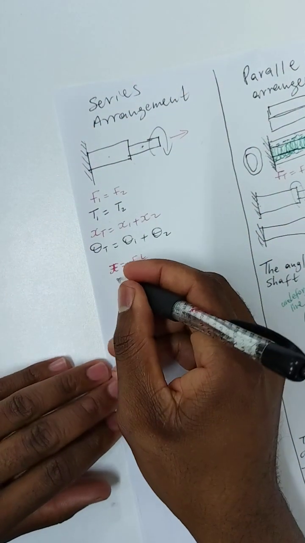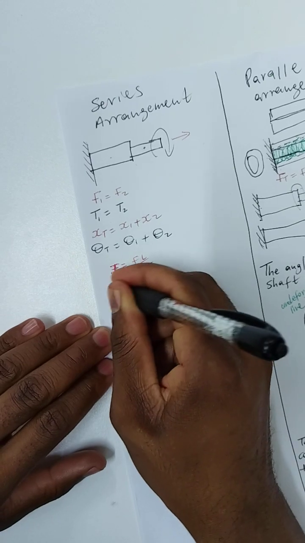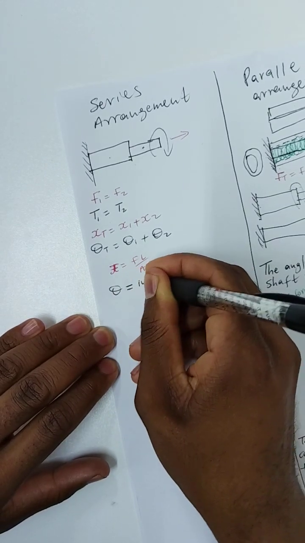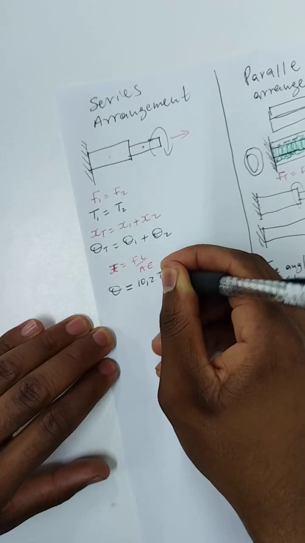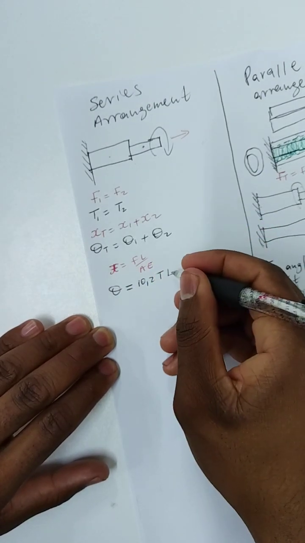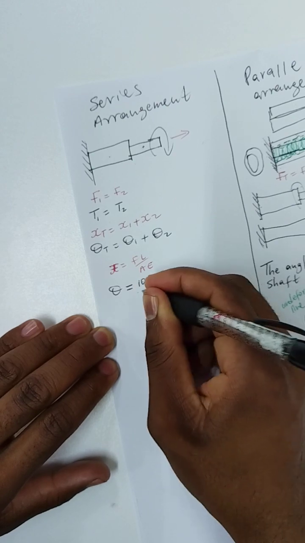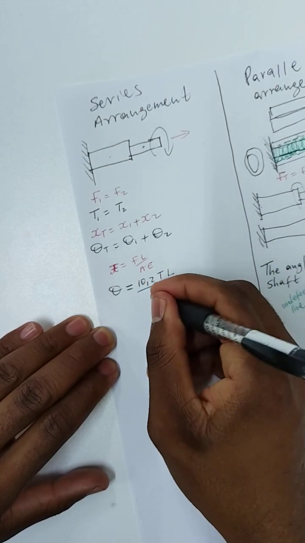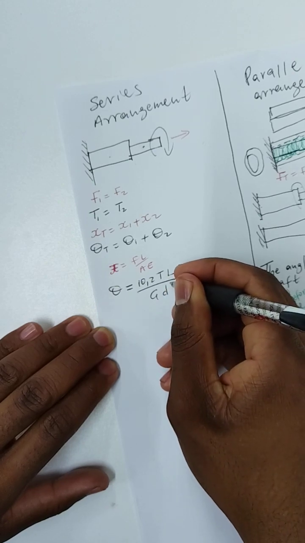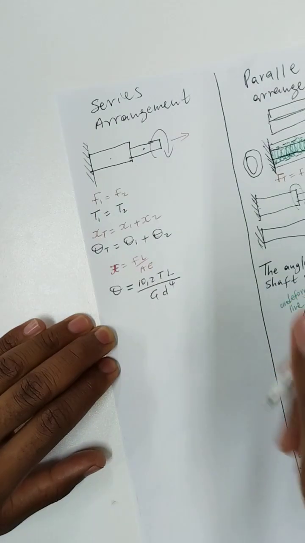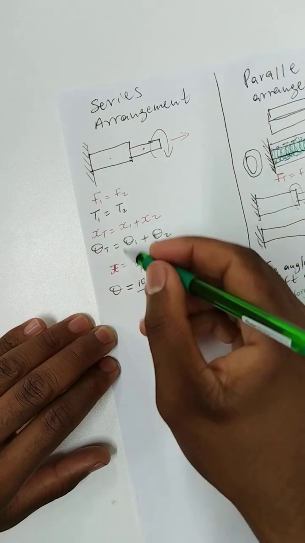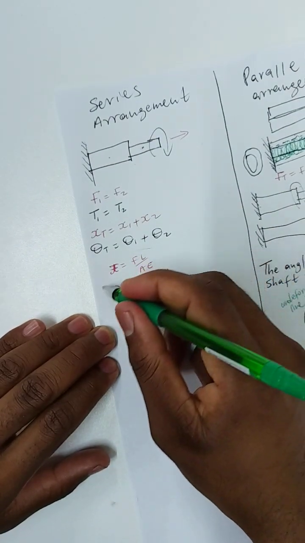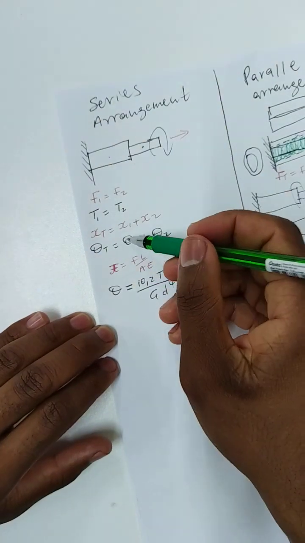In this case, we are going to have this kind of formula: theta equals TL over GJ. Equation 10.2 is there on the formula sheet. I've also derived it in the first lessons, where J is the polar moment of inertia, pi D to the power 4 over 32. So in most cases, when we consider torque, we're going to use this for theta.